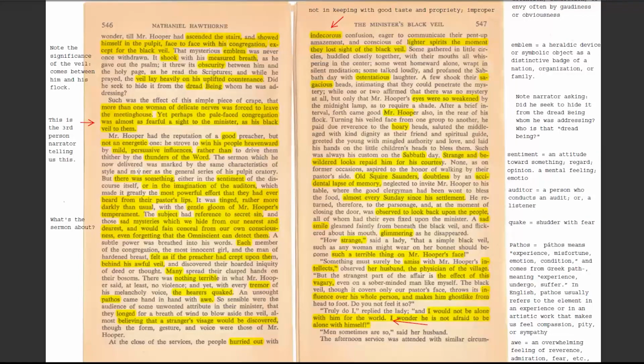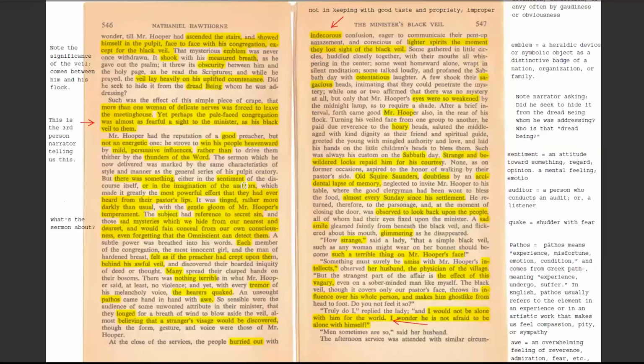So the sermon which he now delivered was marked by the same characteristics of style that he's always done. But there was something either in the sentiment of the discourse, what he was talking about, or in the imagination of the auditors. Who are the auditors? What is an auditor? Well, I defined that over here. An auditor is a person who conducts an audit, or in this case, the listeners.